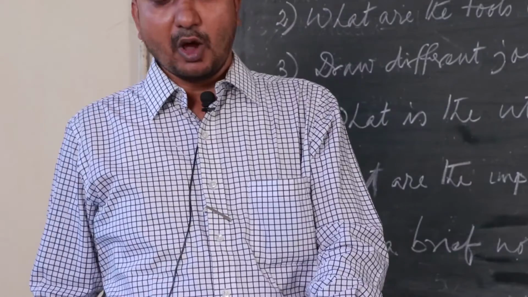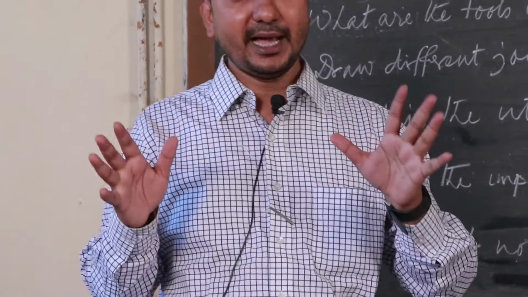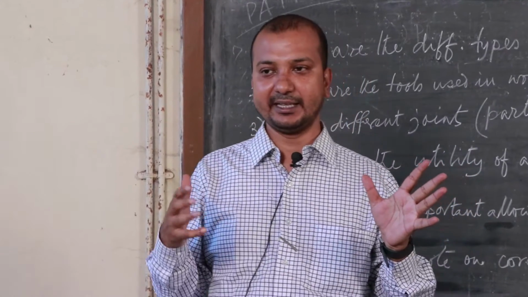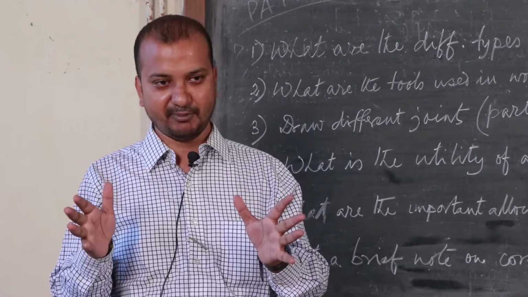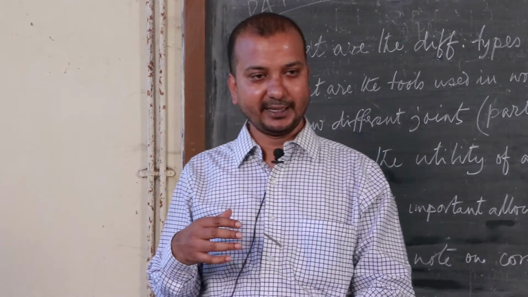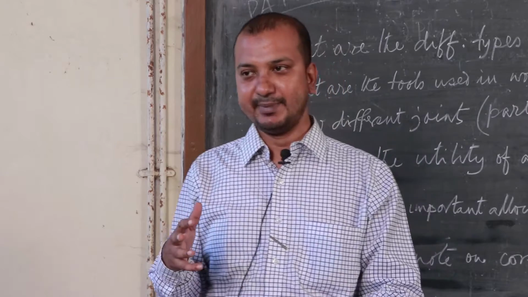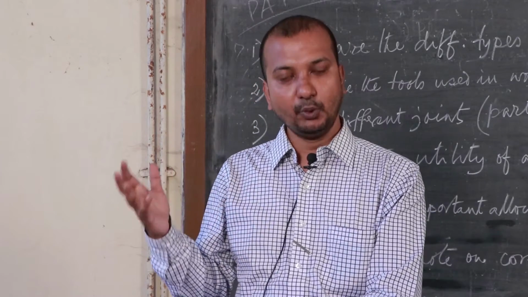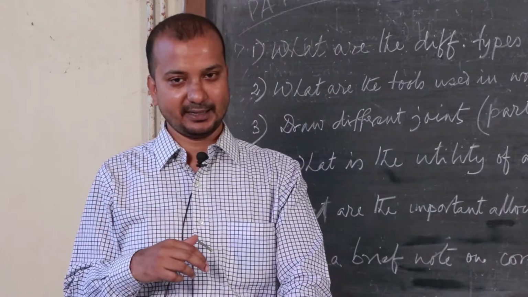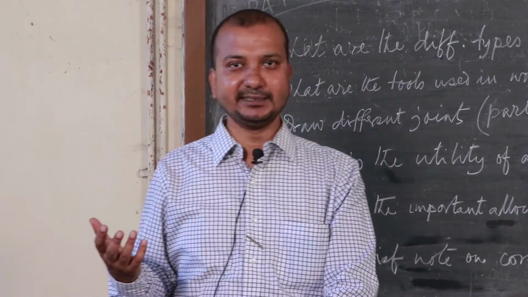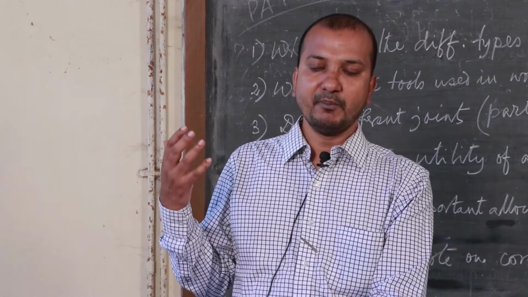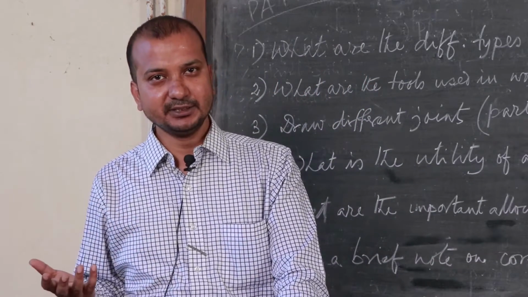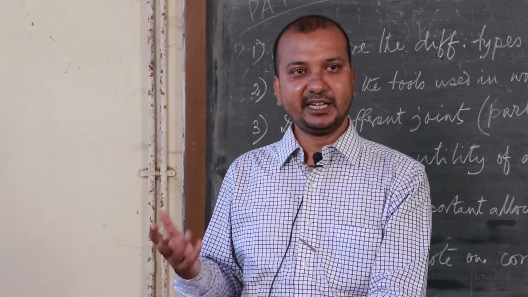Now, once we have cleared the idea of pattern, I am reiterating that pattern is the replica of the desired shape. When making the pattern, there will be some pattern materials, basically wood, metal and plastic, that are used. The most commonly used material is wood, because it is easily available, it can be shaped easily, and it is lightweight.